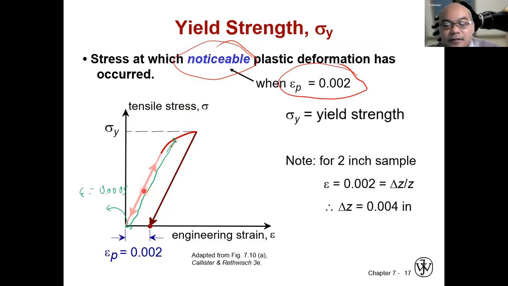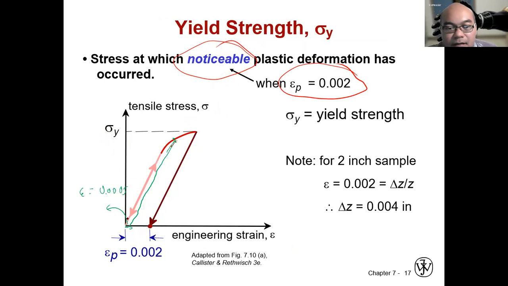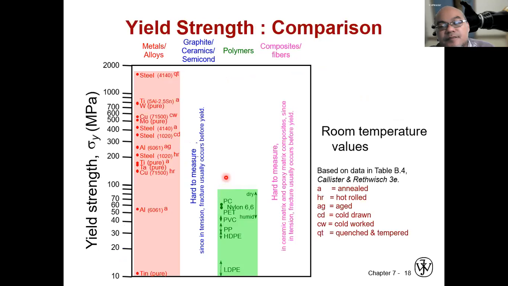Ceramics, on the other hand, may have a larger Young's modulus, meaning a steeper slope. However, after a certain threshold, they will just break. You cannot make them yield. That is why they just break.